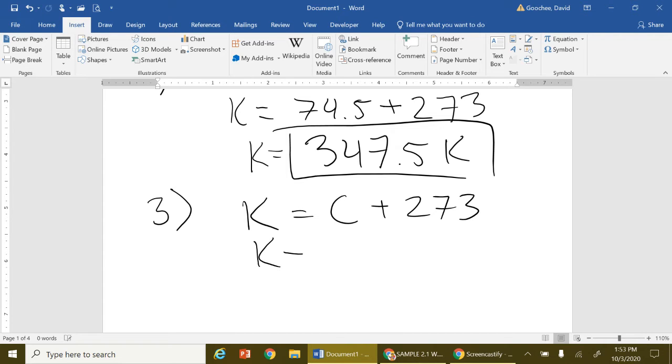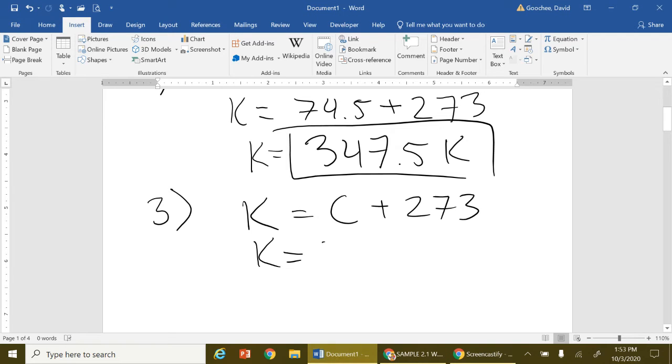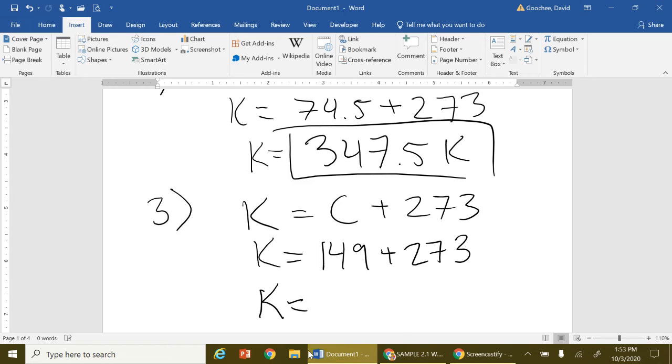Kelvin equals, what's the Celsius temperature? 149 plus 273. And so, again, just plug it into my calculator. 149 plus 273 equals 422 Kelvin. All right, cool, guys.